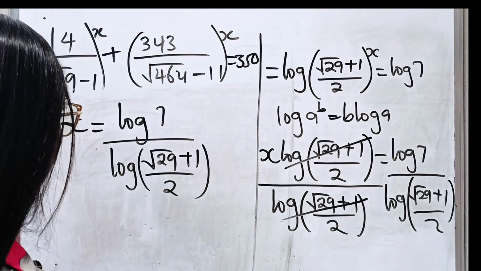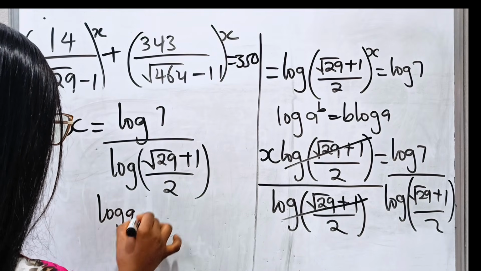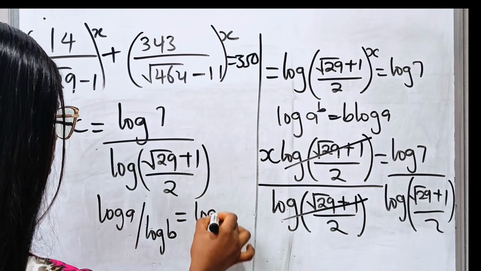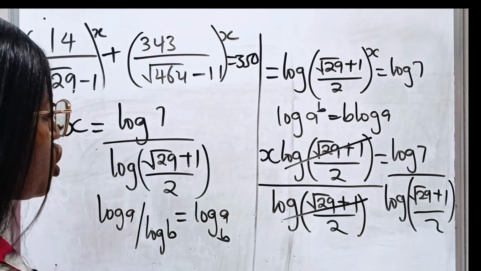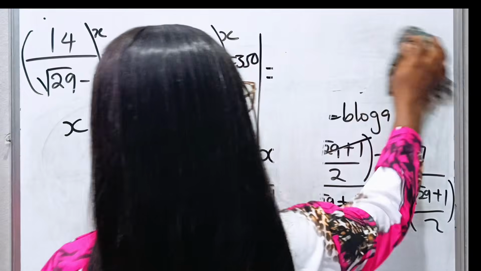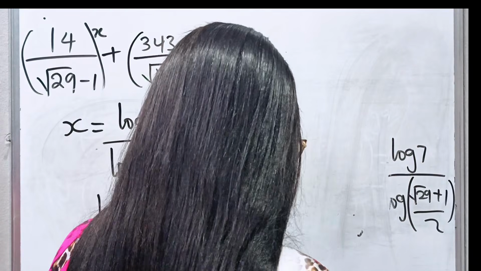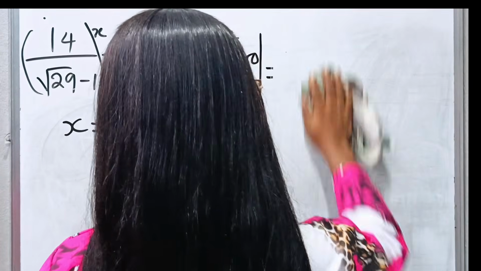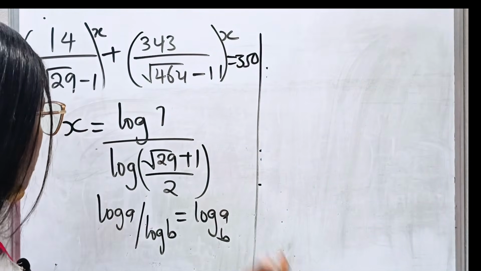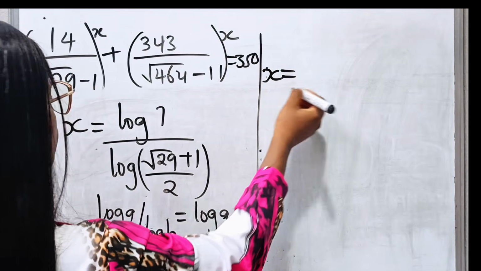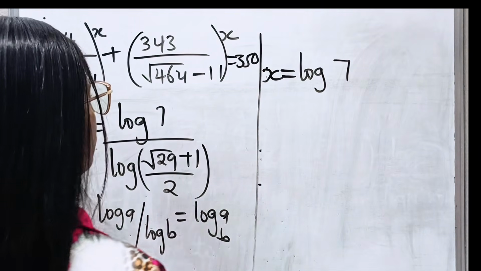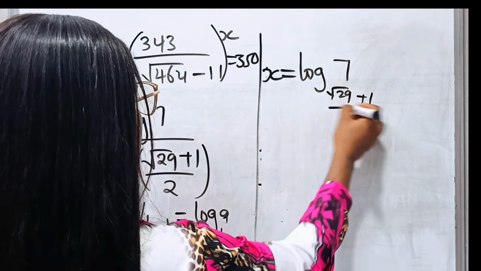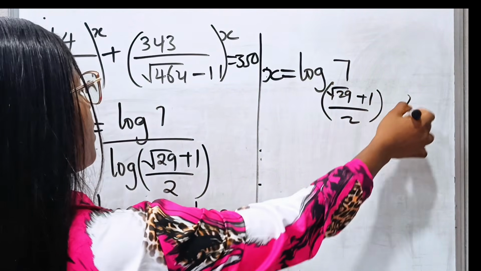Now remember that log a over log b is the same thing as log a base b, using change of base. So that simply means that x is equal to log 7 base square root of 29 plus 1 over 2. And that is the value of our x.